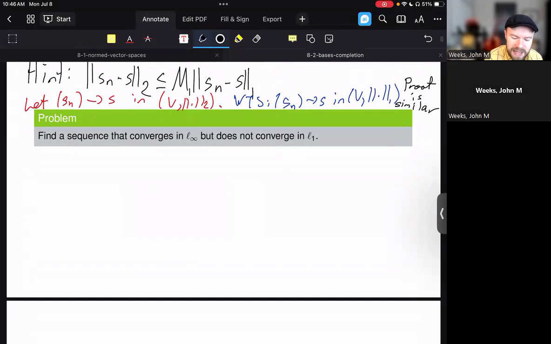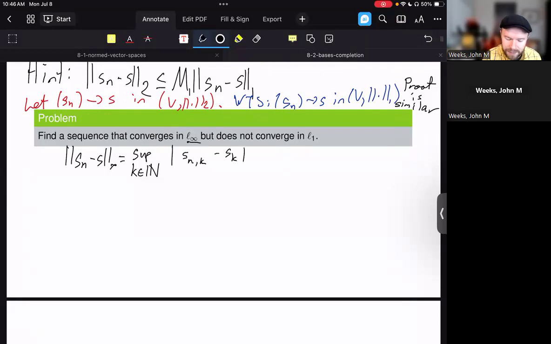In particular, we're looking at the space of things that converge in little l1, which we recall means that we are looking at the norm of x sub n minus x. We're talking about sequences here, so I'll use S sub n minus S in the infinity norm. We recall that that's the supremum over k in the natural numbers of the values of S sub nk minus S sub k.